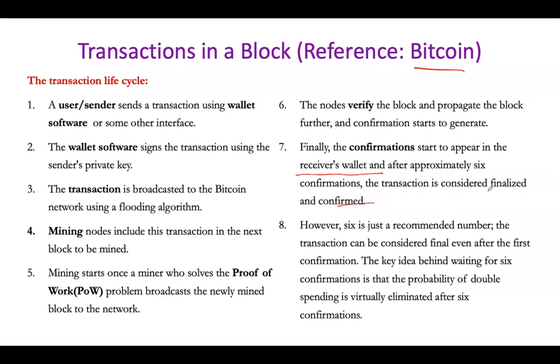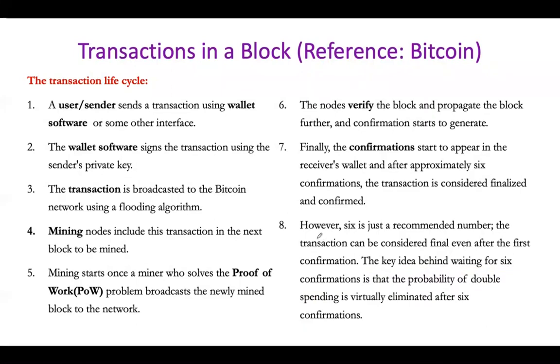However, here we are saying that 6 confirmations is just a recommended number, but the transaction can be considered final even after the first confirmation. So the key idea behind waiting for 6 confirmations is that the probability of double spending is virtually eliminated after 6 confirmations.